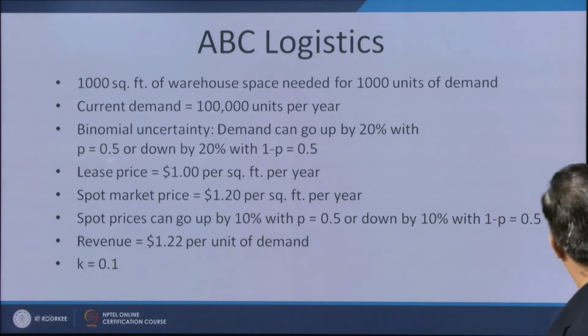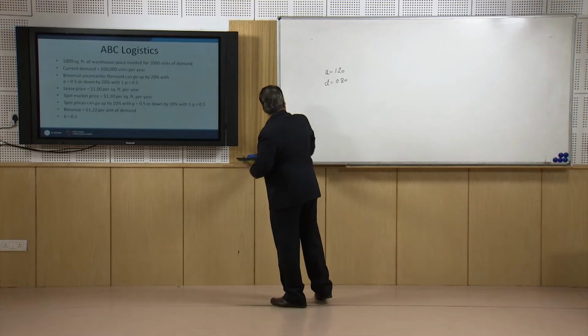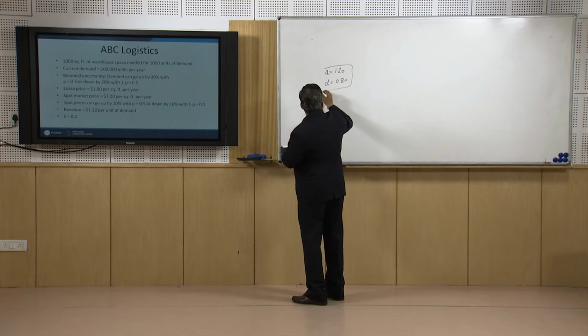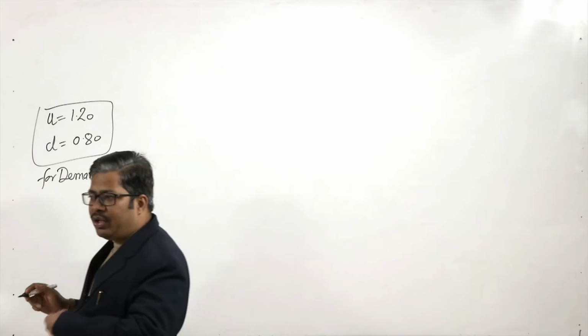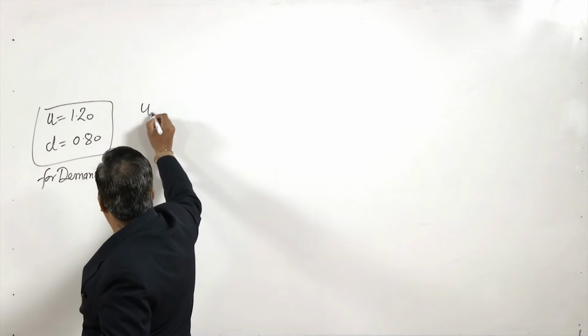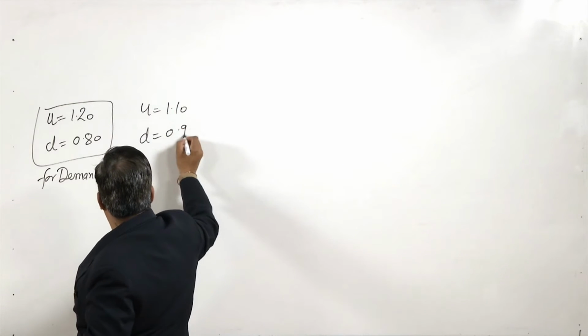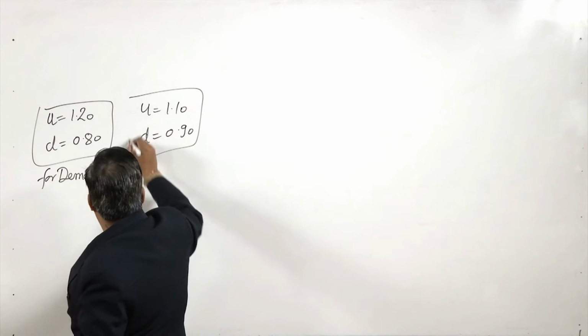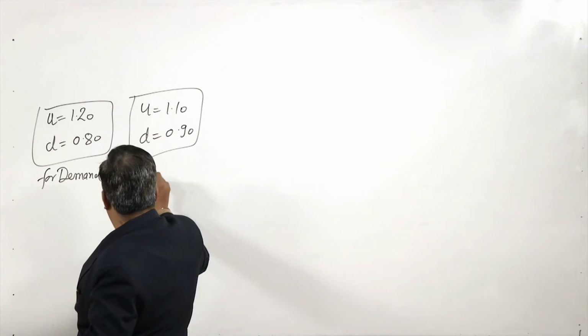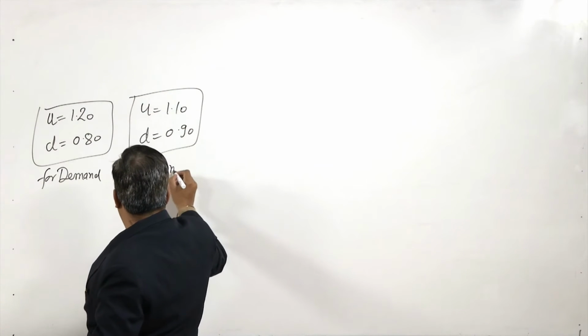So this U and D is for the demand, and there will be another U and D, that is U is 1.10 and D is 0.90. This is for the spot market prices.